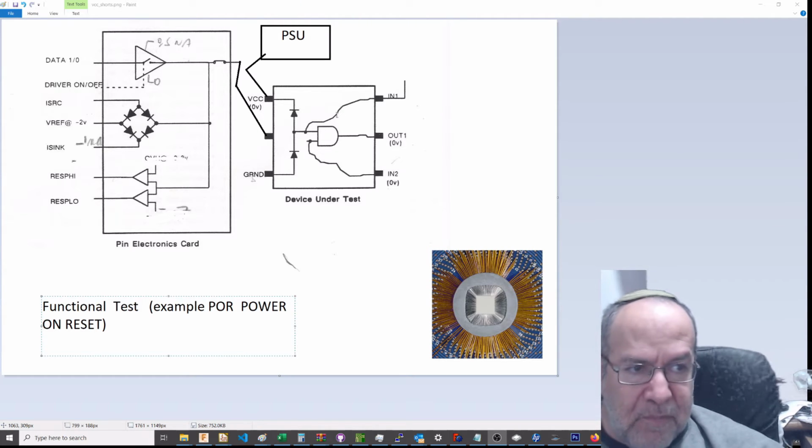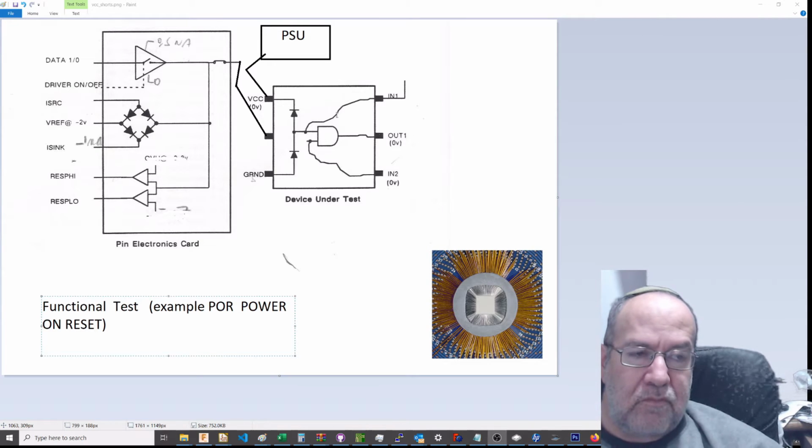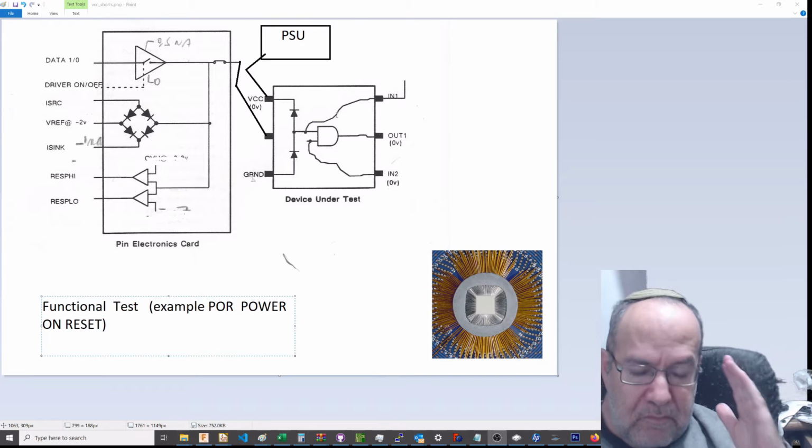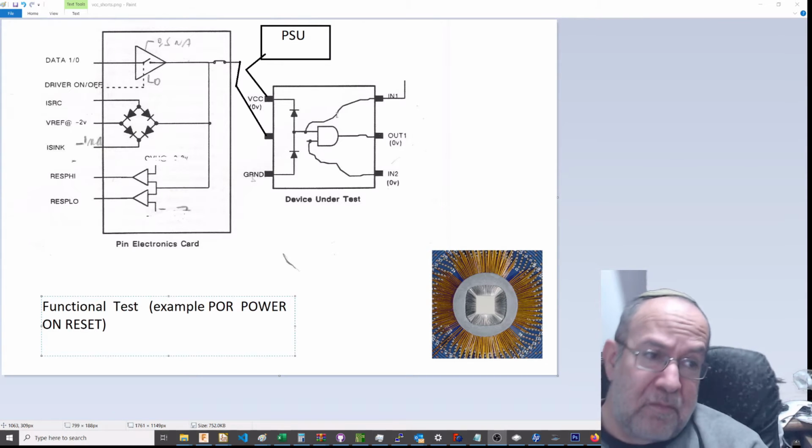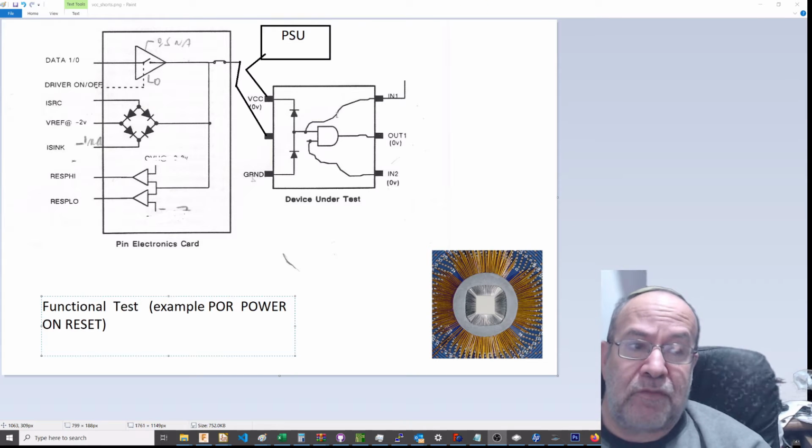The test patterns are inherited from the people that do the verification.